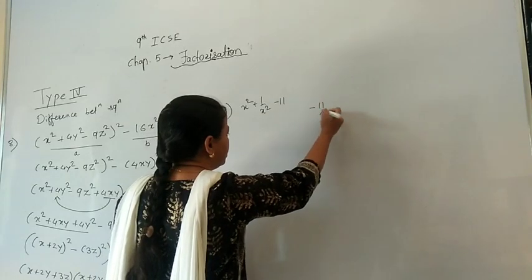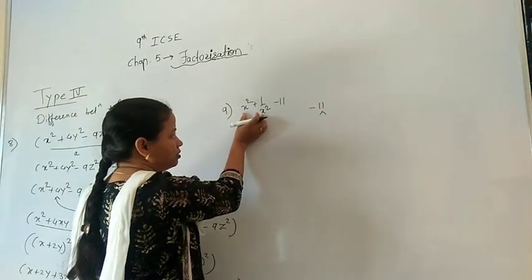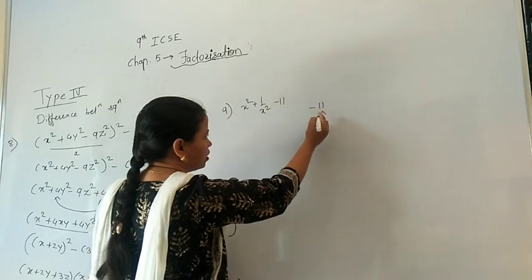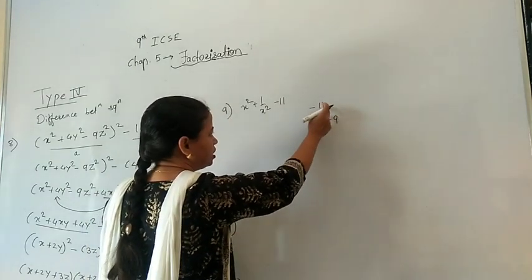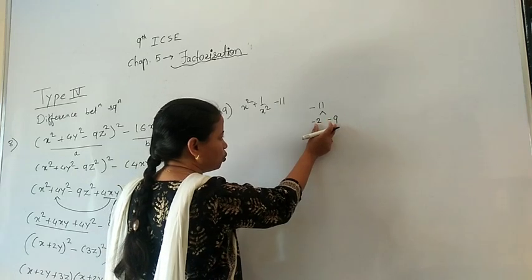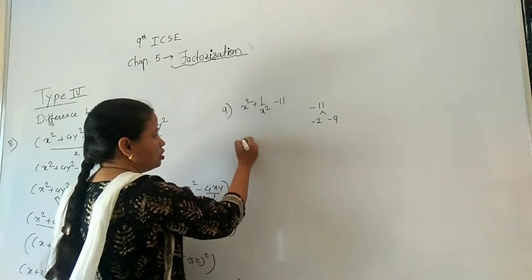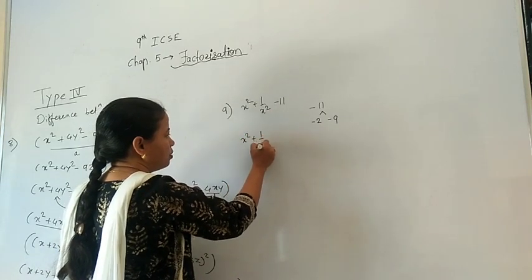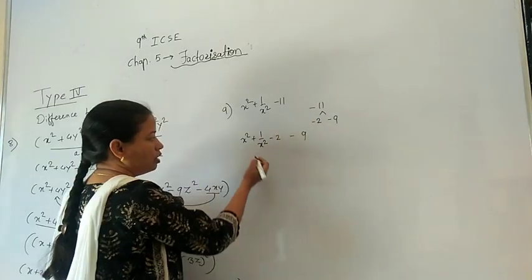Then we have to split, like this square also gets complete, and we are having one more square, means minus 2 minus 9. Minus 11 we have to split into these, which is minus 2 minus 9 according to the question. So x square plus 1 upon x square minus 2 minus 9. Right.